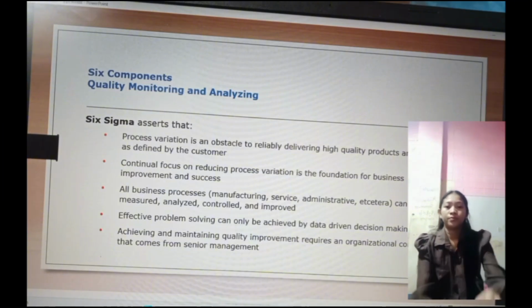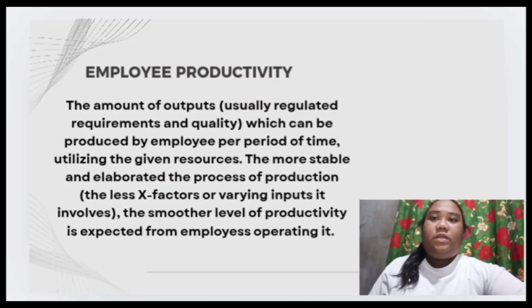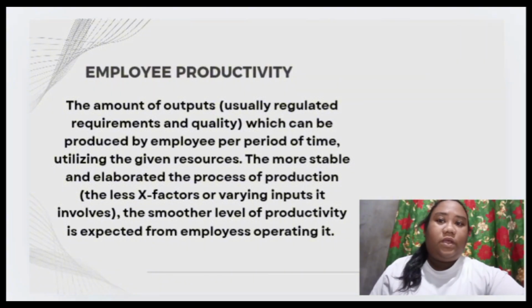Productivity and monitoring control. Employee productivity is the amount of good quality work an employee can finish within a certain period of time using the tools and resources provided to them. It means not just working fast but producing output that meets the required standards.